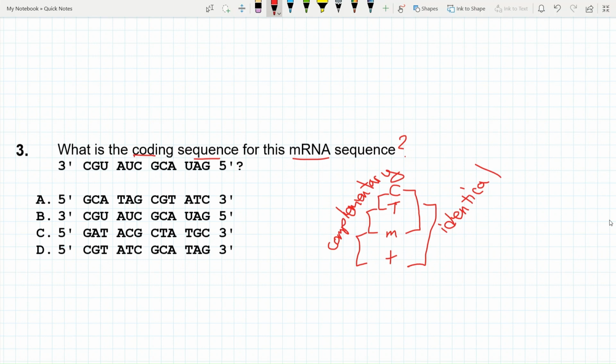Now we're doing coding and comparing it to mRNA. Notice we have coding at the top and it skips a step, and then we have our mRNA. So this is an identical comparison. Got that? If they're identical, we just have to remember that RNA has uracil, whereas coding is a type of DNA, so it's going to have thymine.